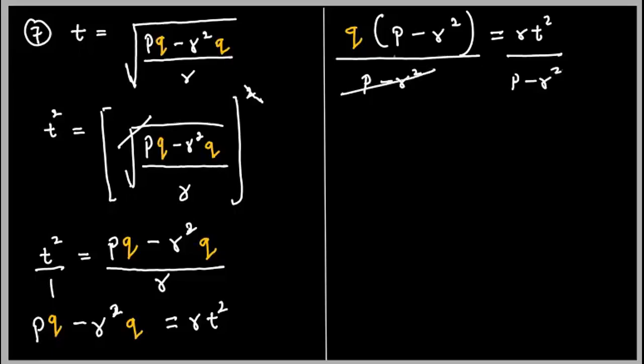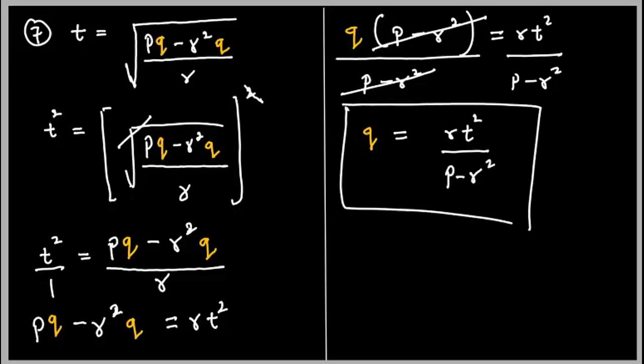So that P minus R squared will cancel itself here, and then we have Q left. Then equal to, the final answer becomes RT squared all over P minus R squared. So this is our final answer.